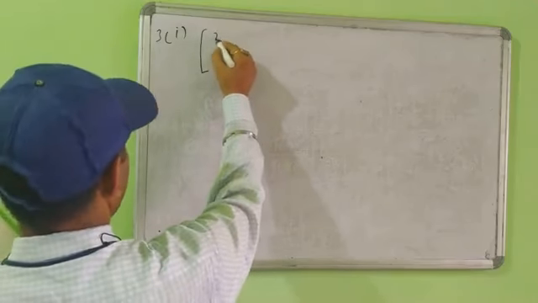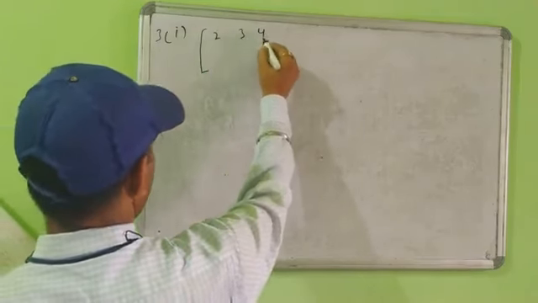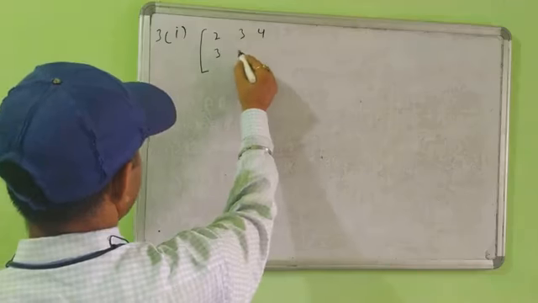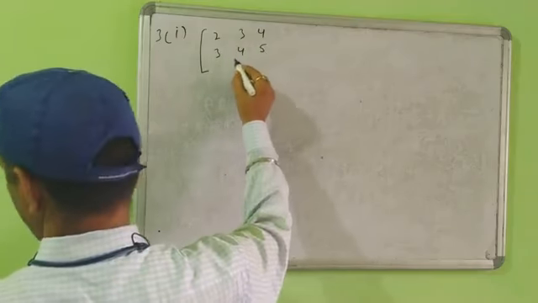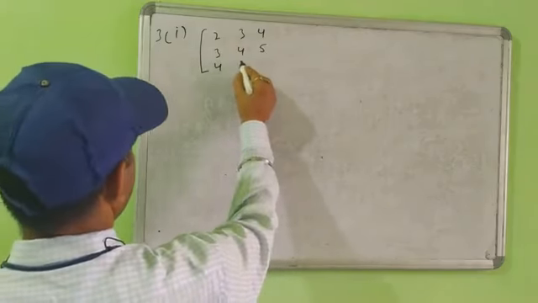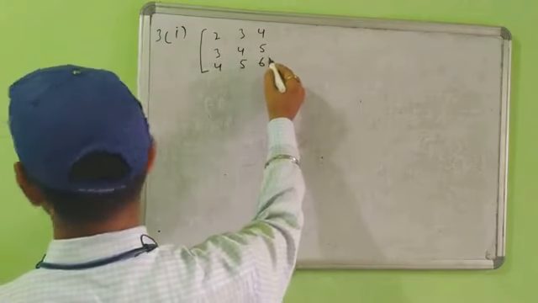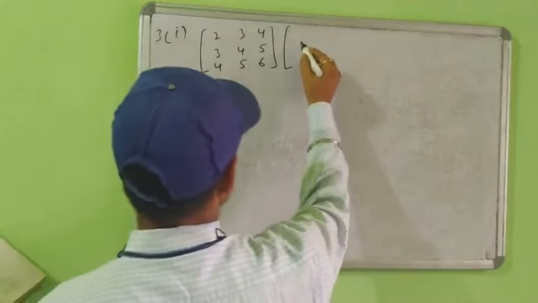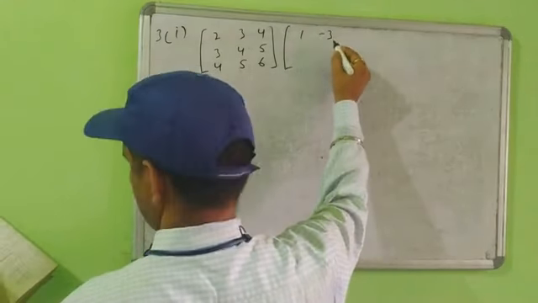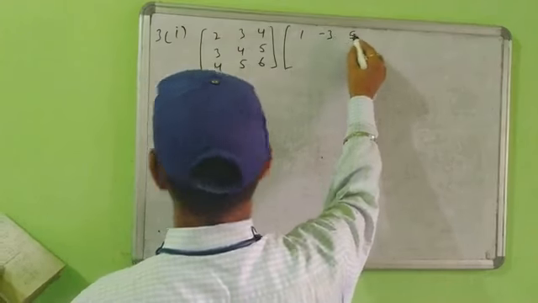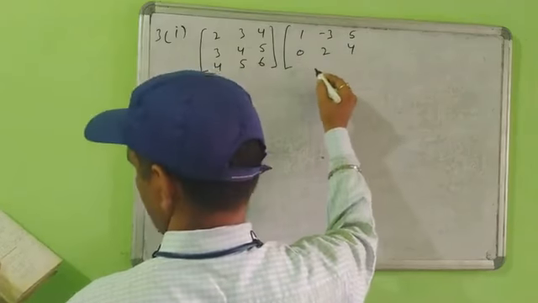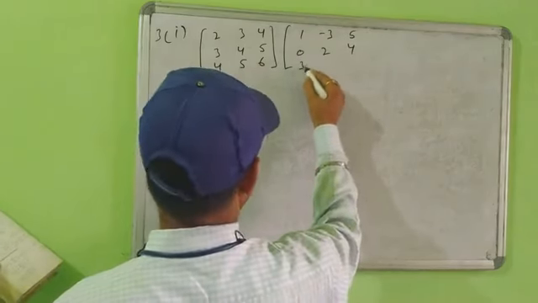Matrix 2, 3, 4, 3, 4, 5, 4, 5, 6, and 1 minus 3, 5, 0, 2, 4, 3, 0, 5.